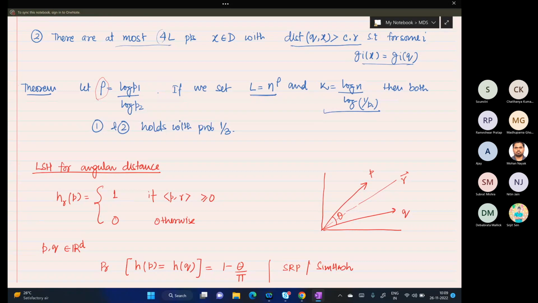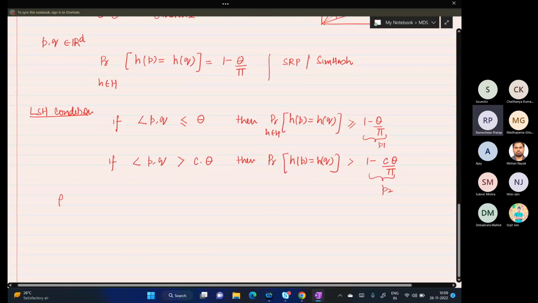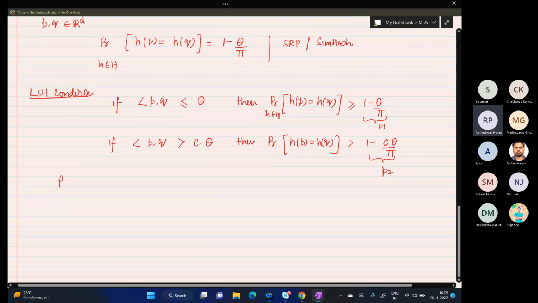Right? Okay, so what is the value of rho here?